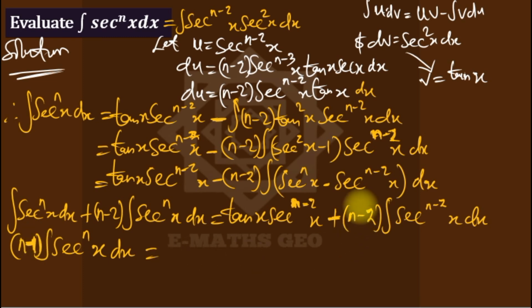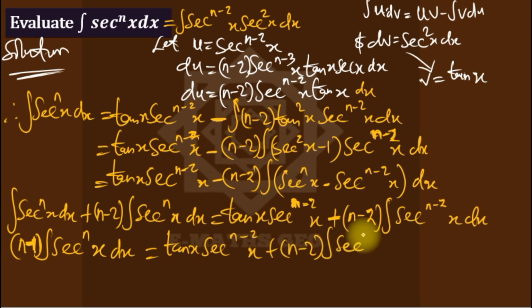We'll repeat this. This is tan x sec x to the power n minus 2, plus n minus 2 times the integral of sec x raised to the power n minus 2 dx. So what we are looking for is the integral of sec x raised to the power n, making it the subject of the formula.